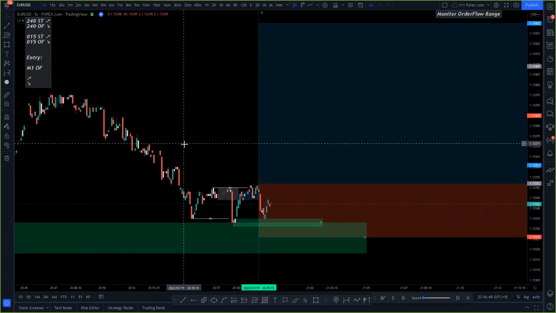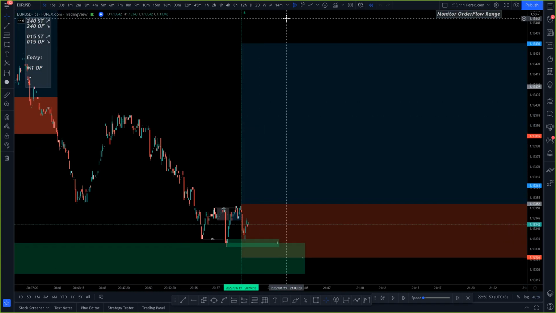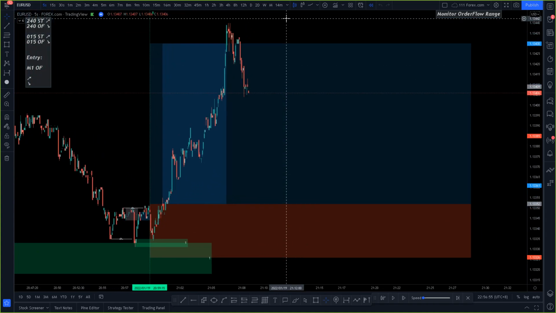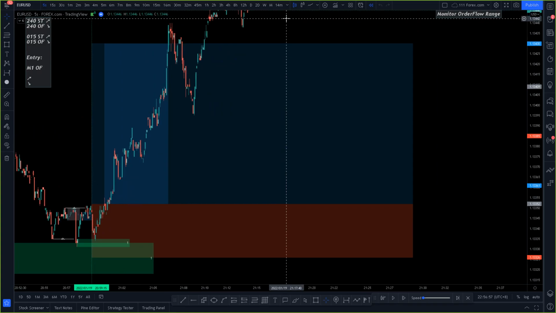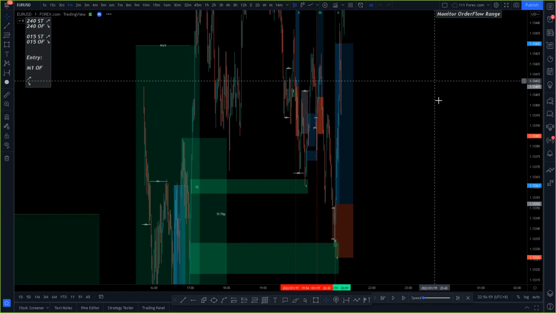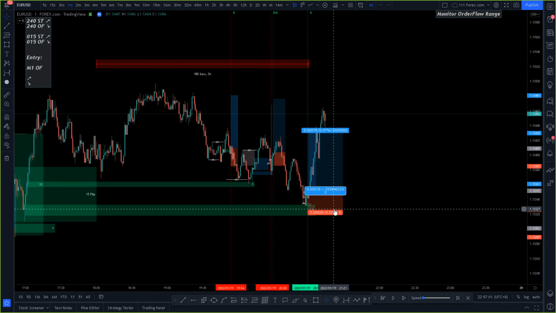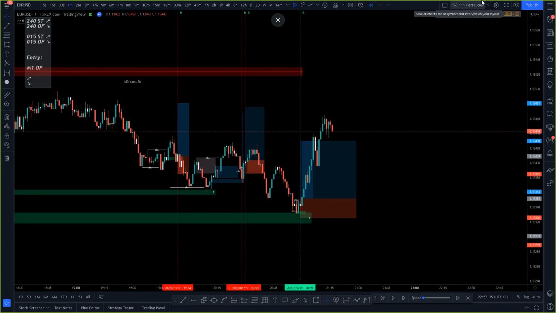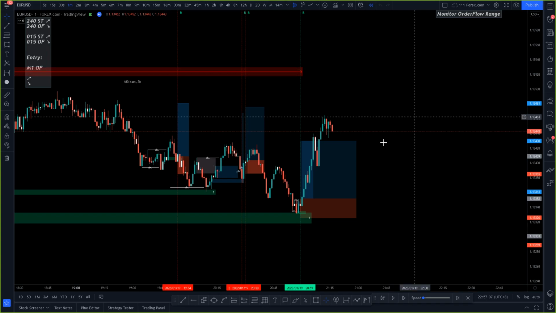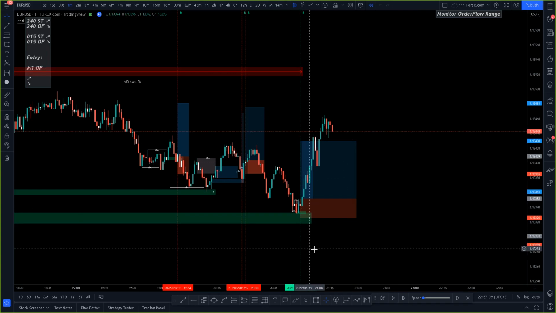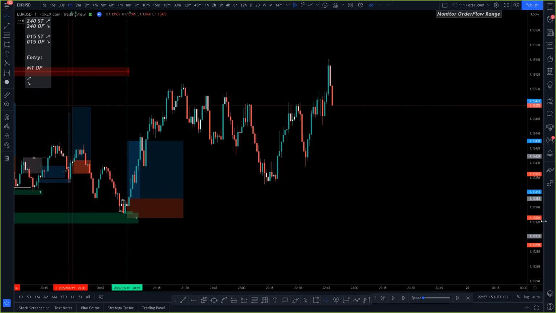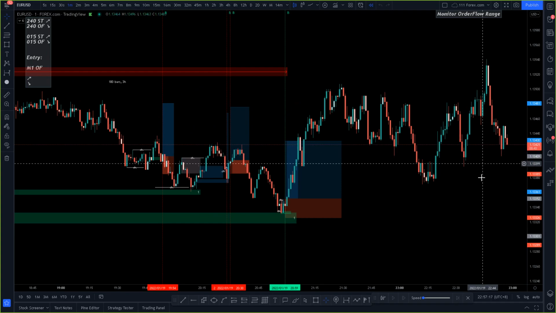Here we go. So the price rises. Yep, it just flies through at around 9 p.m., which is New York open. And now price has gone to here, it has possibly mitigated something on the left.